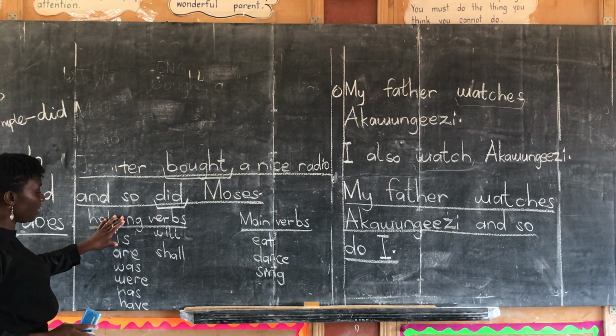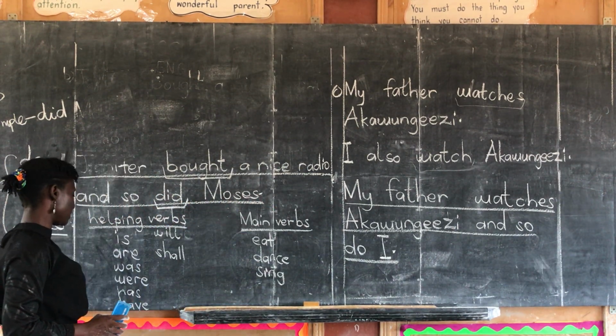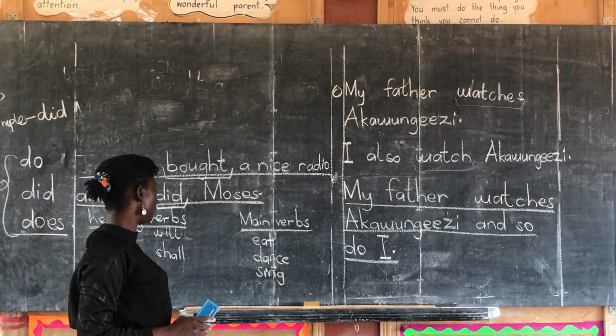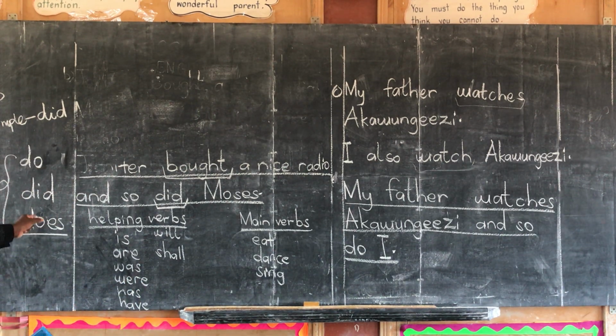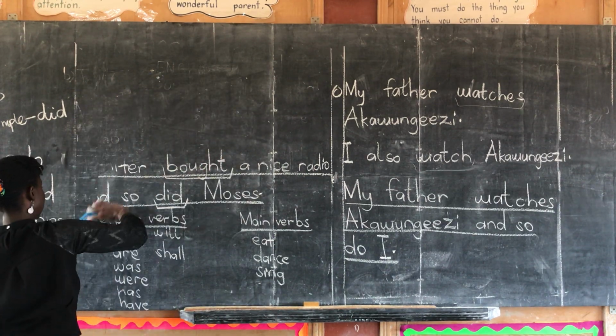If we have a helping verb, we write it in that sentence and we repeat it. But if we have a main verb, we write it in the first clause, and in the second clause we use the correct form of the verb do, depending on how the question has been set.